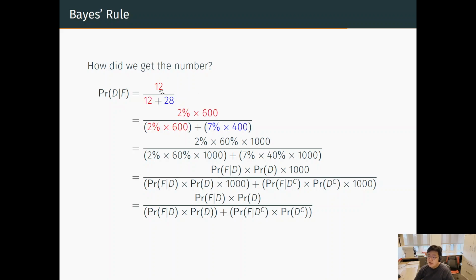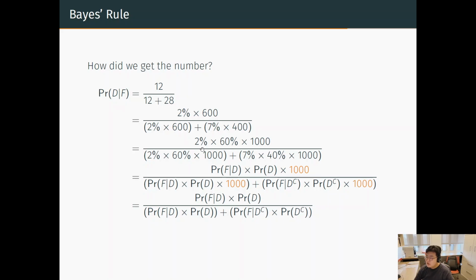And you know 12 was 2% times 600 and 28 is 7% of 400, right? Then 600 came from 60% of 1000 and 400 came from 40% of 1000. And now you see where those numbers are from.